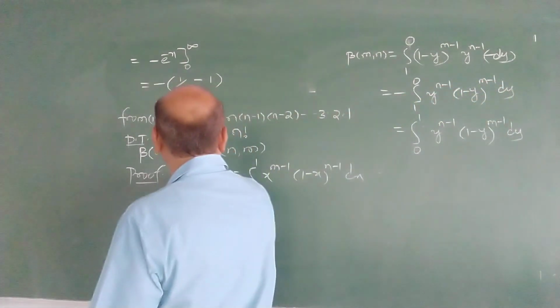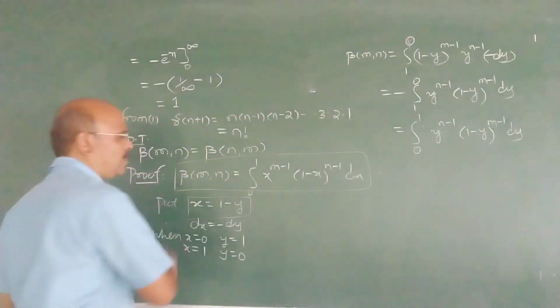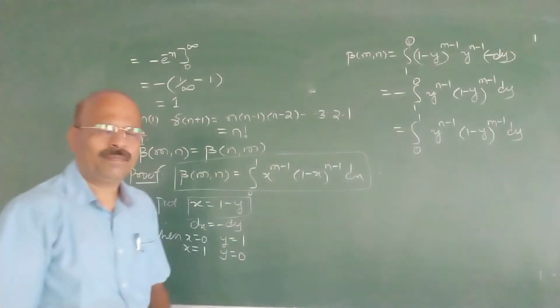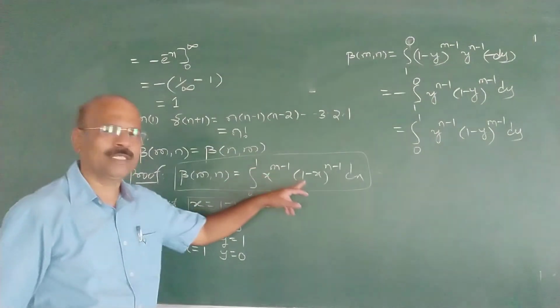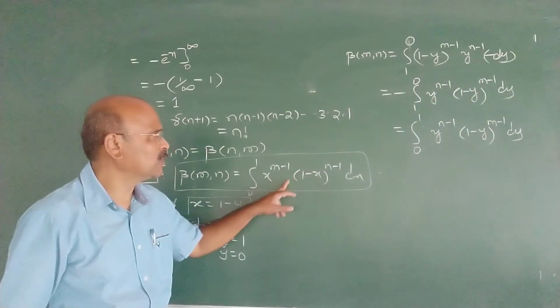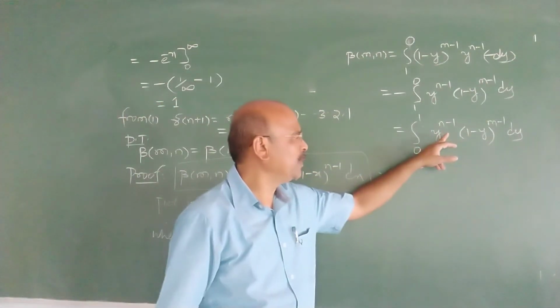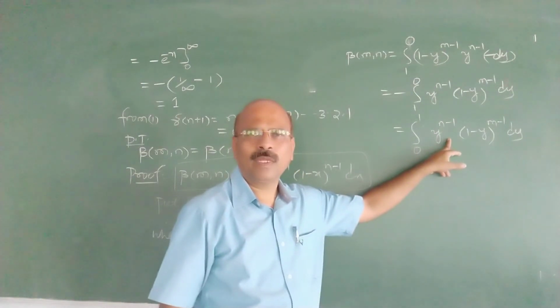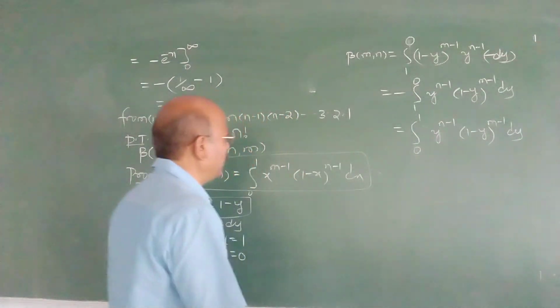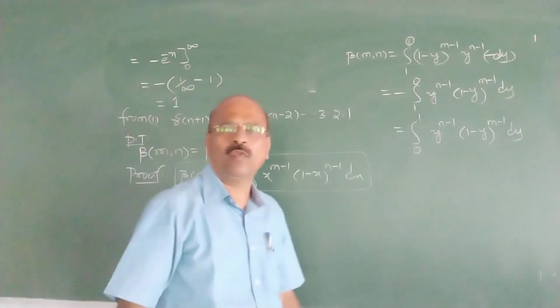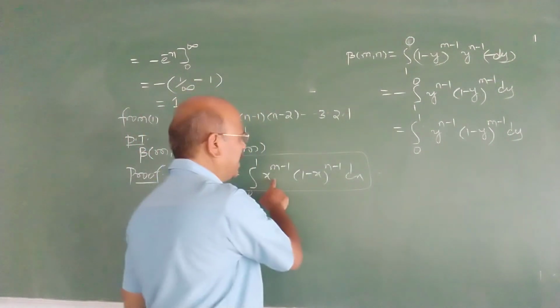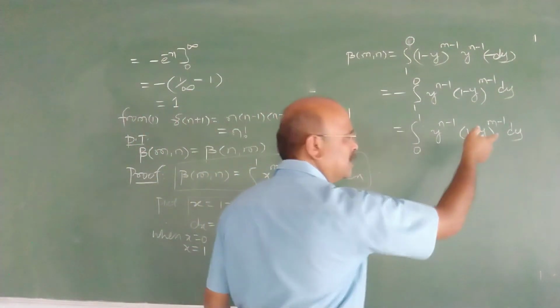Now compare with this. What is beta mn? The integral from 0 to 1, x raised to m minus 1, 1 minus x raised to n minus 1. But here, in place of m, we have n. And a definite integral is independent of the variable used. In place of x, you may use y, t, z, and so on.